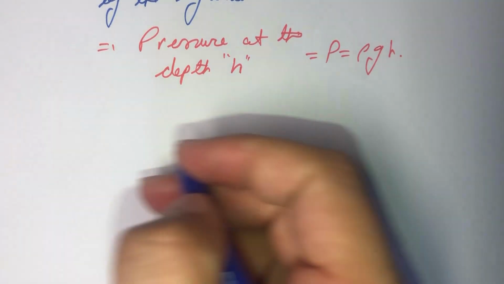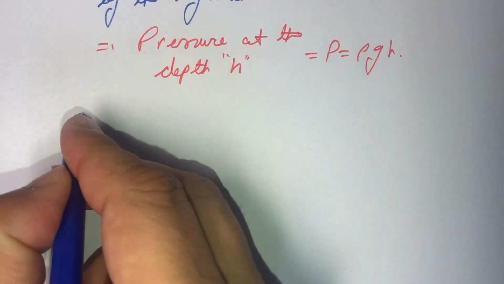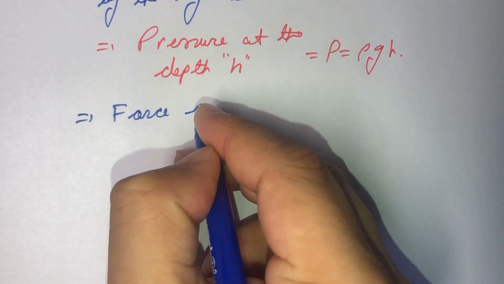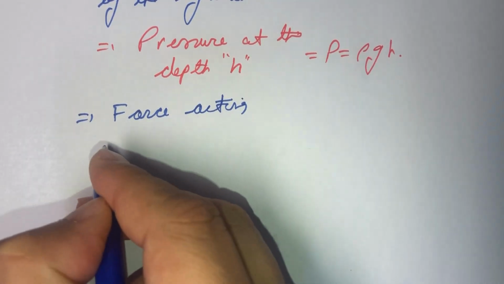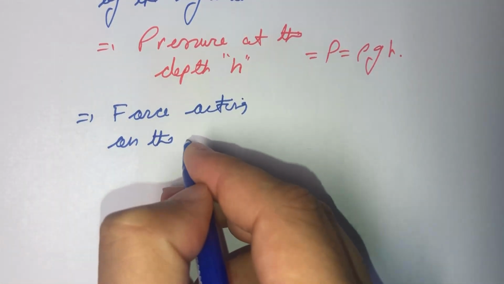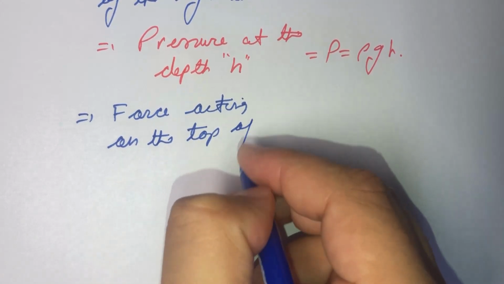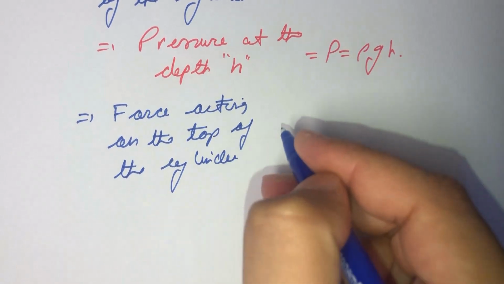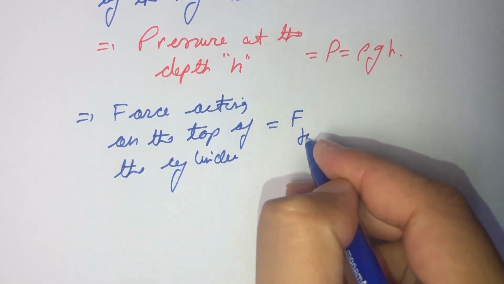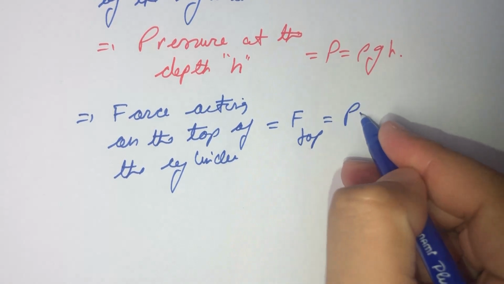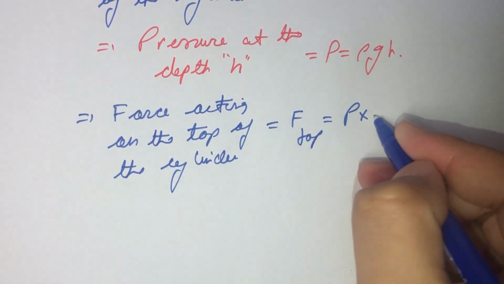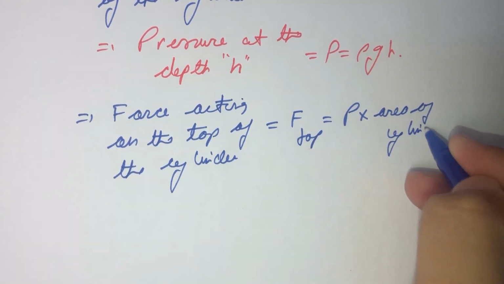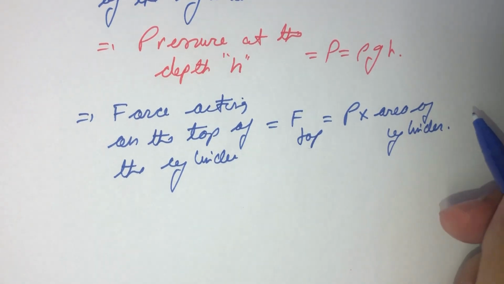So we can write that the force acting on the top of the cylinder, which we called F top, is equal to pressure multiplied by the area of the cylinder, which is equal to pi r square.